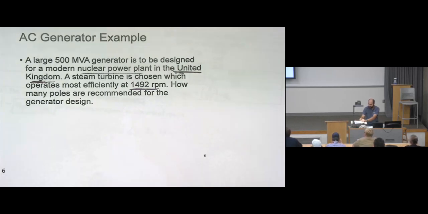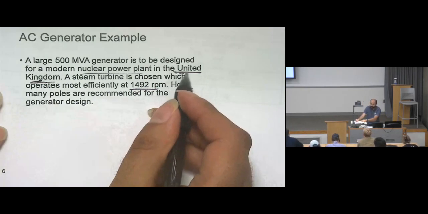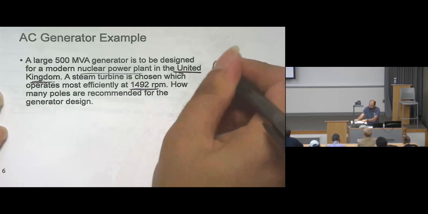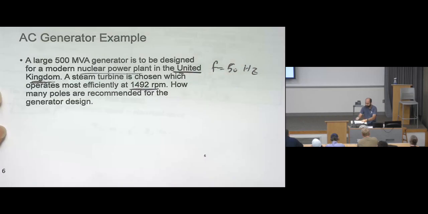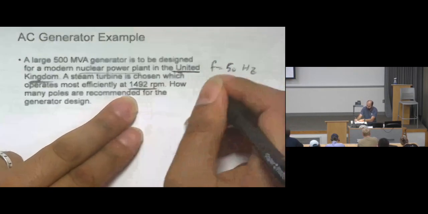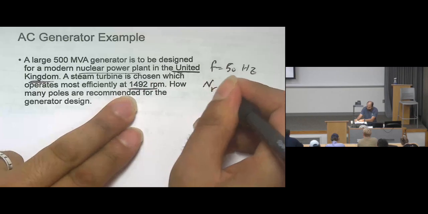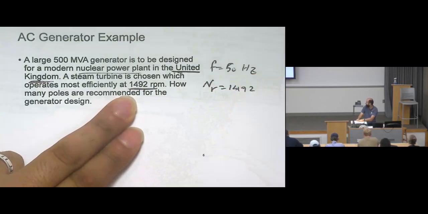We need to calculate the number of poles. Let's think about it. The first observation, we are in the United Kingdom. What's the frequency? 50 hertz. And the speed, the actual speed that we need right now is 1492 RPM, of course.